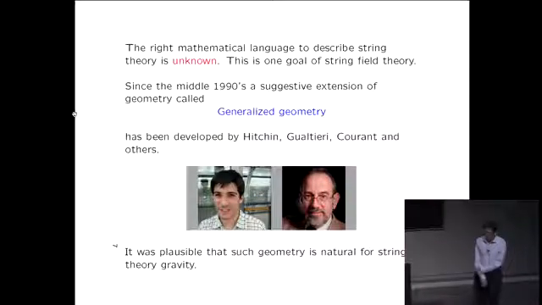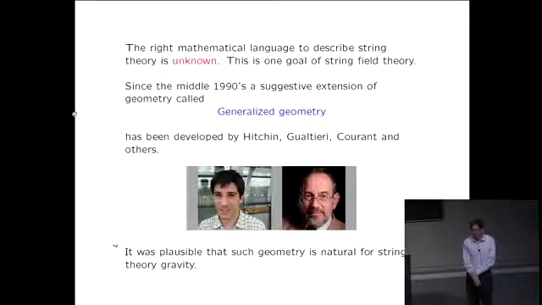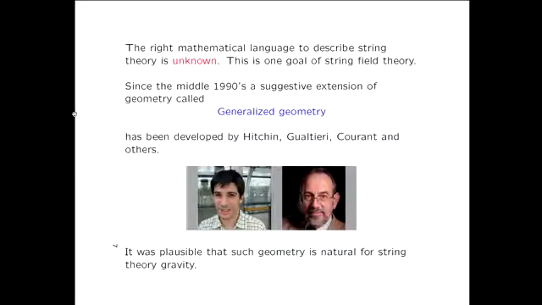So it was plausible, and in fact, many people found out that some aspects of this geometry, generalized geometry, are natural for string theory gravity. Generalized geometry is really, after all, a mild generalization of geometry, a very mild one. What I'm going to talk about is a little generalization of generalized geometry in a sense.